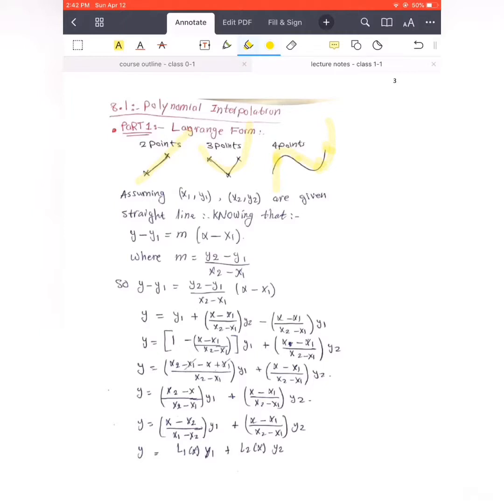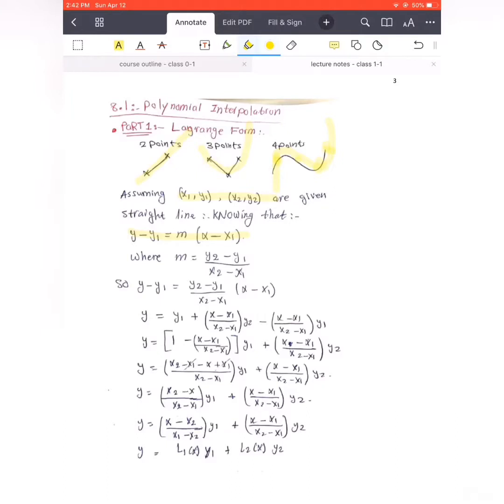If you have 2 points, x1 and x2 and y1 and y2, we would like to find the best linear interpolation, which means a straight line. I would like to remind you that it can be written like this, which we will also call Newton's formula, as we will see later on.